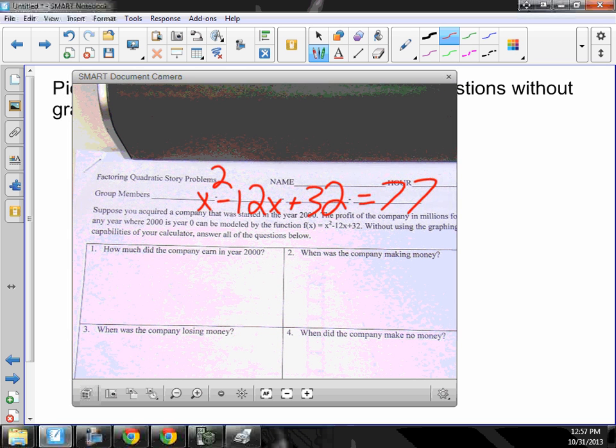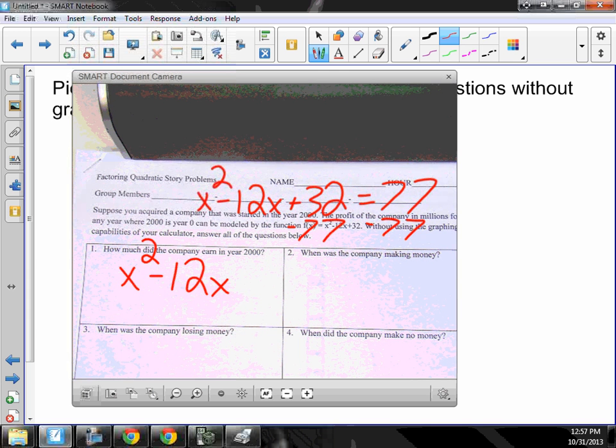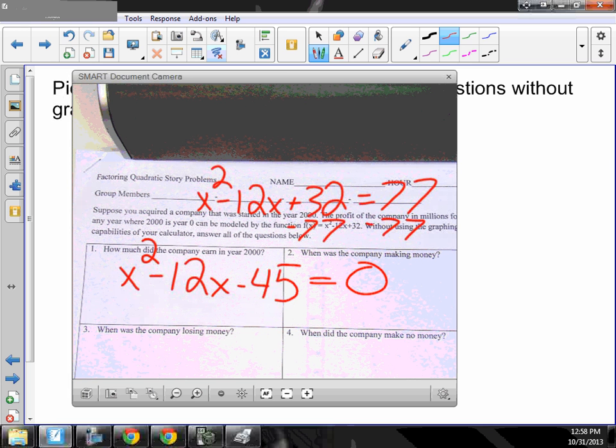Move the 77 over so it equals 0. Minus 77, minus 77. x squared minus 12x, minus 45. Oops, I said 45. 45. Now that it equals 0, I can factor it.